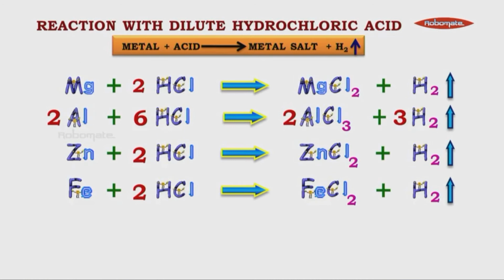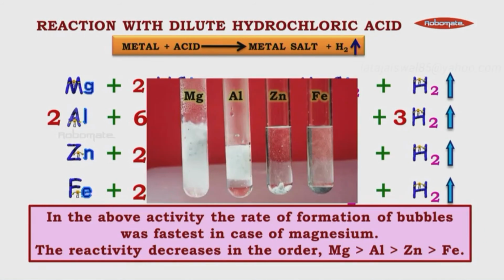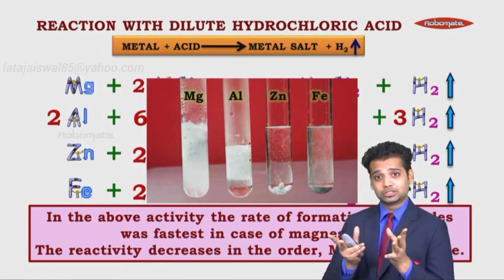The reaction is balanced. Let's see, in the above activity, the rate of formation of bubbles was fastest in the case of magnesium. Why? Because magnesium is most reactive. The reactivity decreases in the order magnesium, more reactive than aluminium, more reactive than zinc, more reactive than iron. This is how the reaction will look. Magnesium caused the most amount of bubbles.